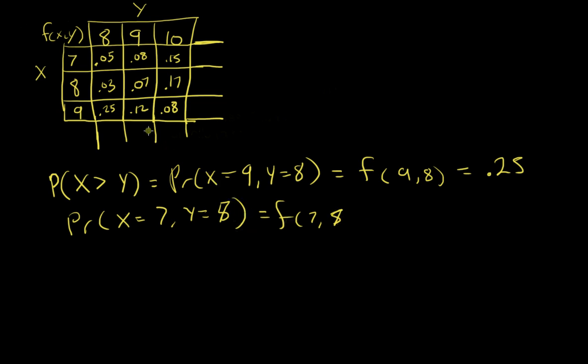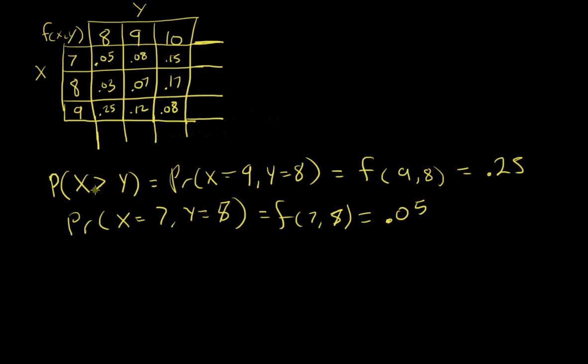If it was 5, it would just be 0, because everywhere that's not on this table is 0. So where x is 7 and y is 8, that's 0.05. That's calculating probabilities with a discrete probability distribution function involving both x and y.